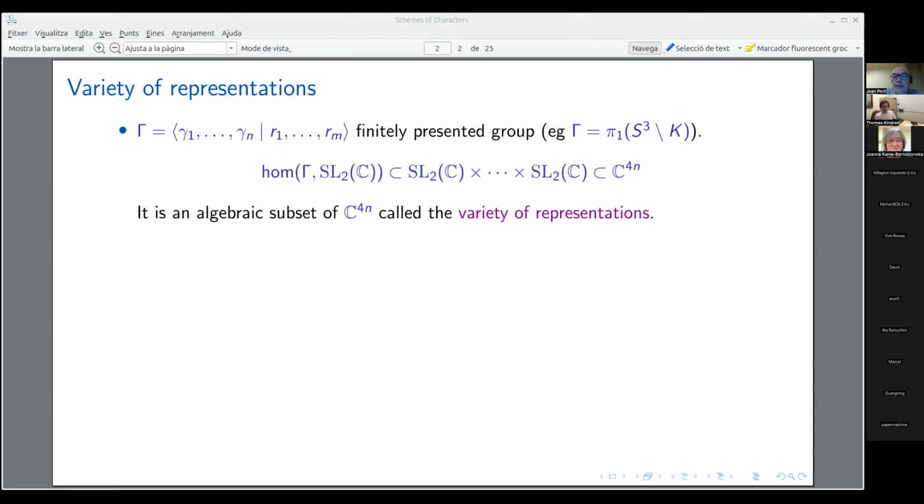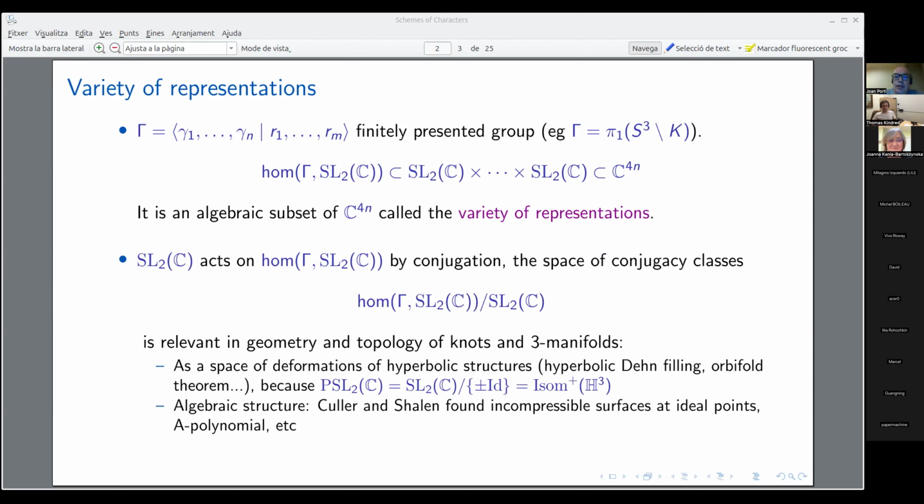Well, this embeds in some affine space. So for each representation, you look at the image of each generator. So these are n copies of the Lie group, and this embeds into affine space. And this is an algebraic object, because the relations give me some polynomial equations on the coefficients, and it's often called the variety of representations.